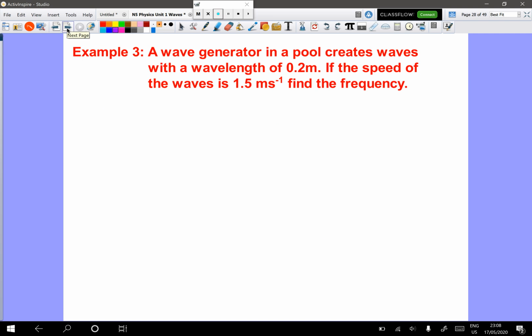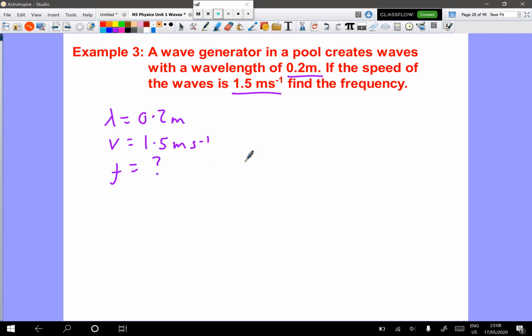Example 3, we've got a generator in a pool creating waves with a wavelength of 0.2 meters. The speed of the waves is 1.5 meters per second, and again we're looking for the frequency. So lambda for wavelength, 0.2 meters. Speed of the waves, 1.5 meters per second.